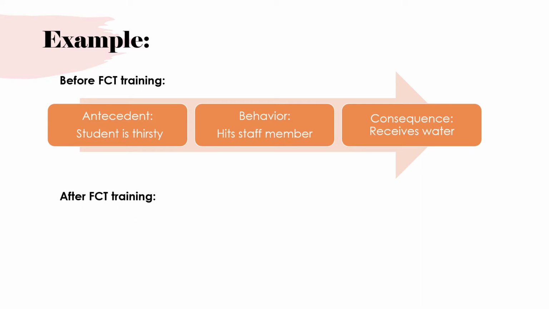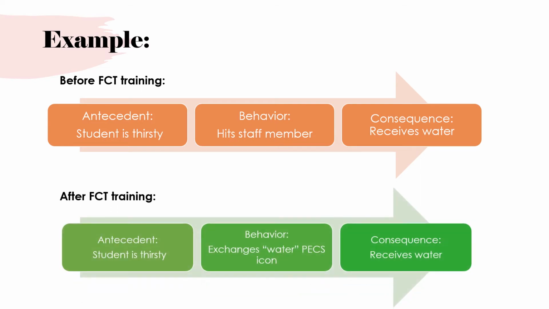However, after functional communication training, the antecedent is that the student is thirsty, the behavior is that the student exchanges the water PECS icon with the communication partner, and the consequence is that the student receives the water. So the problem behavior of hitting staff members is replaced by a functional communication skill, which is exchanging a PECS icon with a communication partner, and that is how the student communicates their wants and needs.